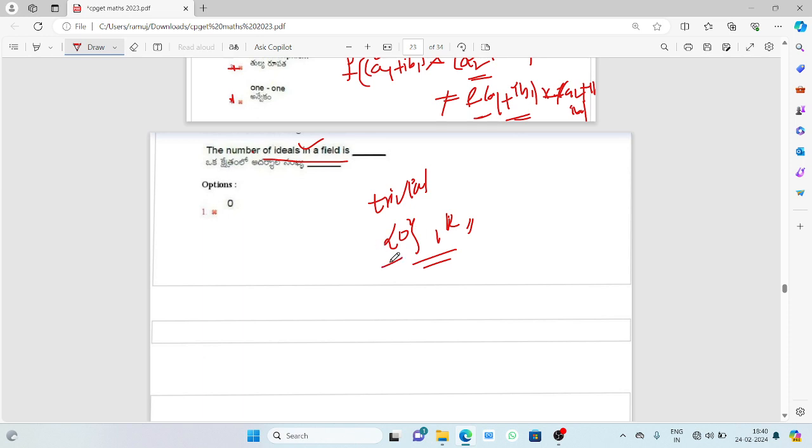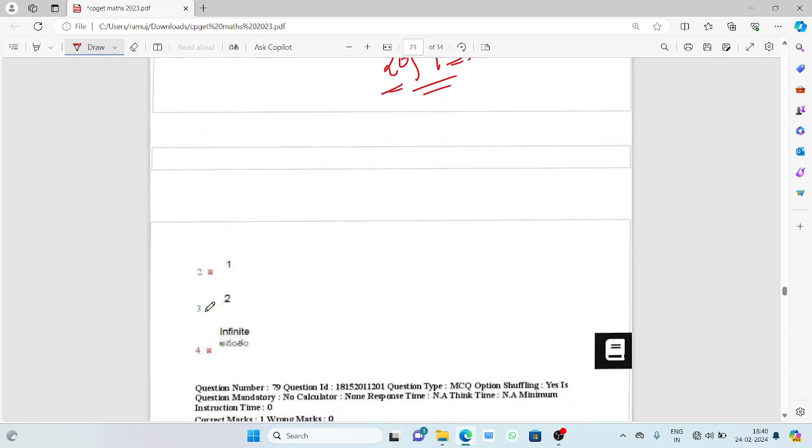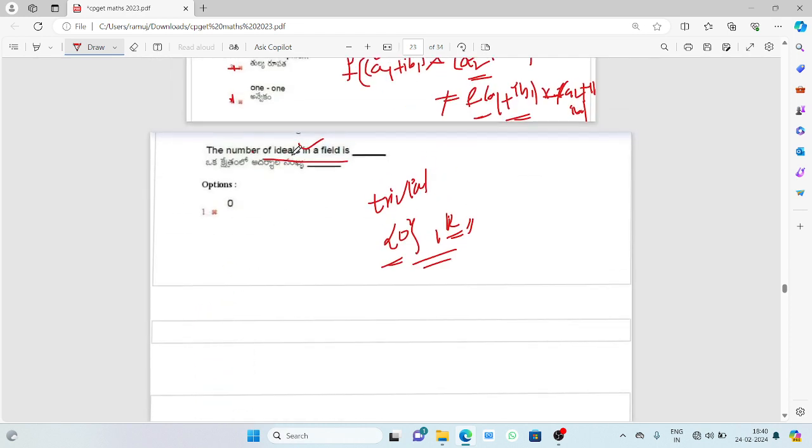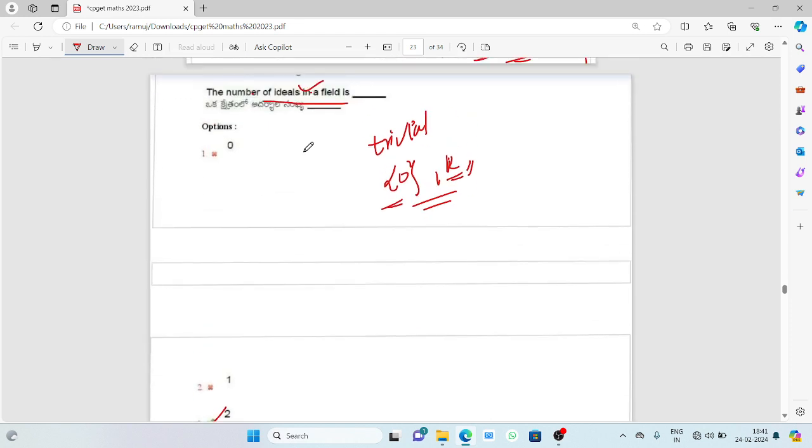Suppose a ring is a field, then the number of ideals is two. If it is not a field, we cannot say, and more than two may be present inside that ring.